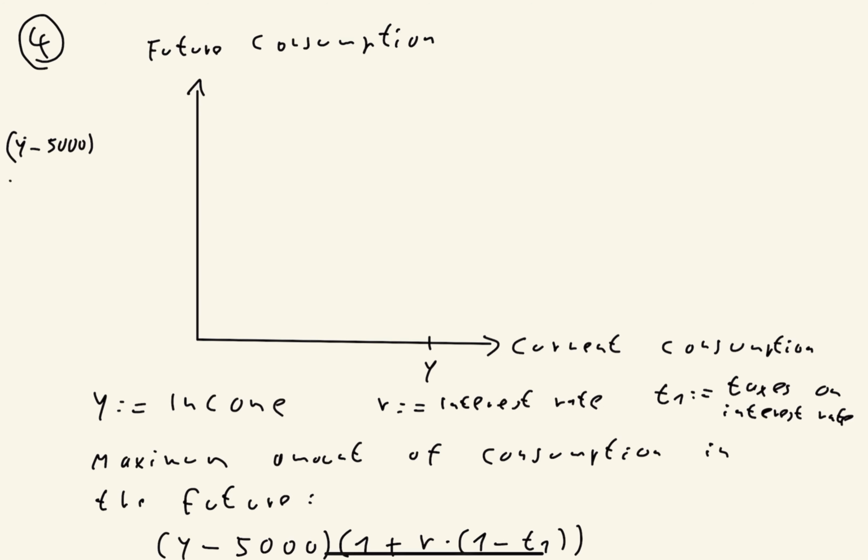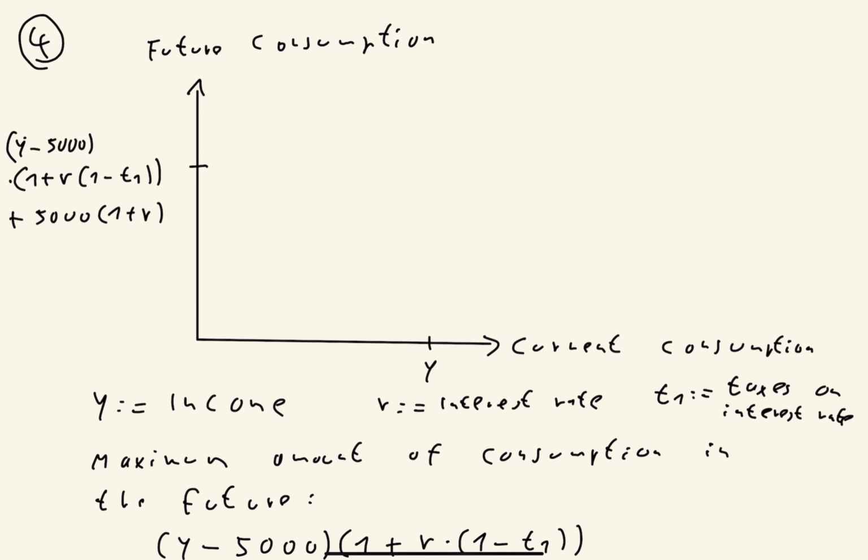There is a multiplication here, so we have 1 plus R times 1 minus T1. And then we add to this 5,000 times 1 plus R. And the intercept will be somewhere here.